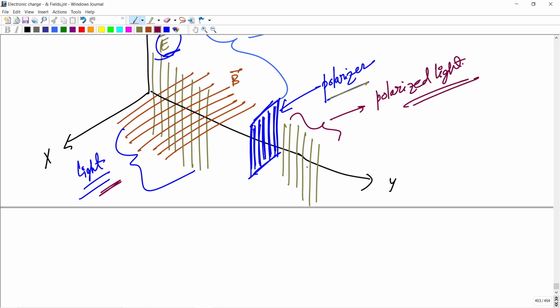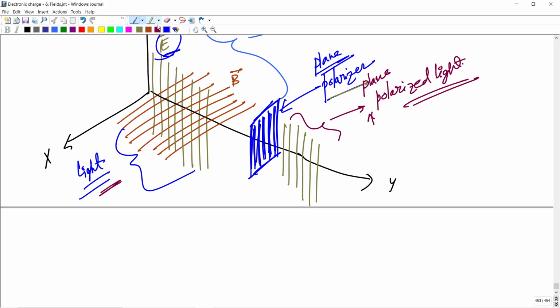Another name for this is plane polarized light, and this is also called a plane polarizer. The axis here belongs to the Z direction, parallel.